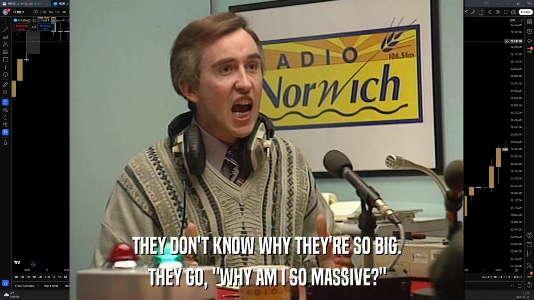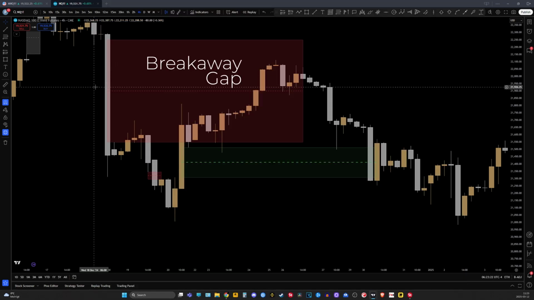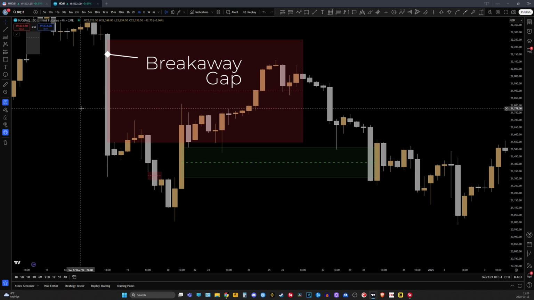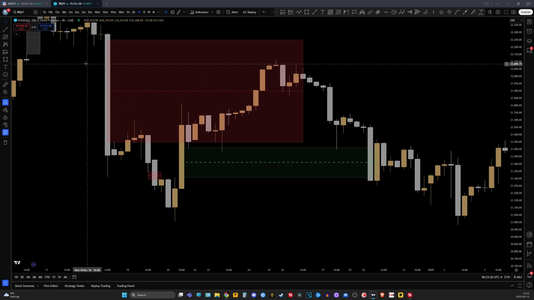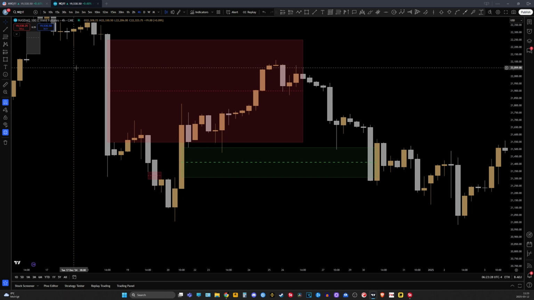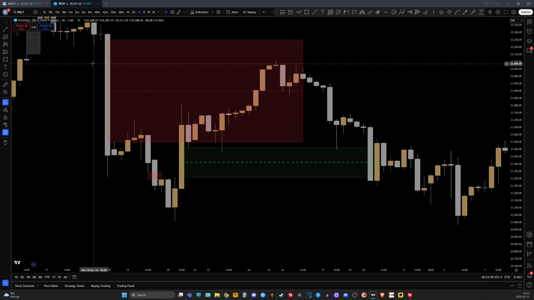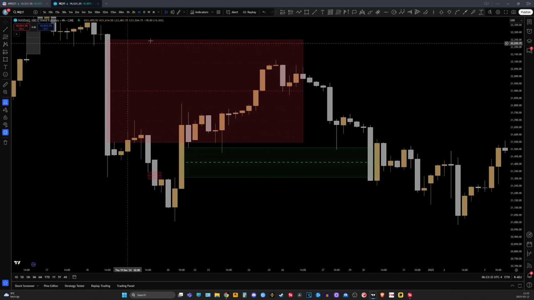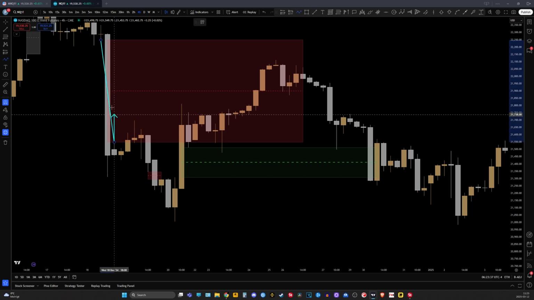And what we normally call that is a breakaway gap. Now with breakaway gaps, we can often expect that price will not revisit them immediately. So it was formed between this candle's wick here and this candle's wick here, right?